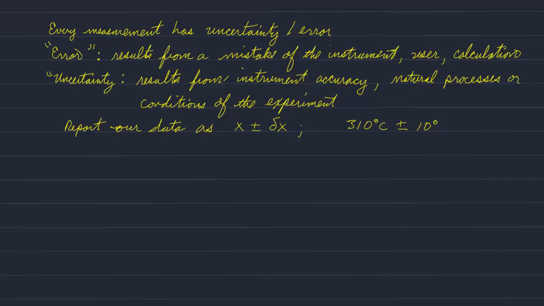Now, the uncertainty is very closely related to the accuracy of our measurements. That is, delta x represents the accuracy of x. Hence, the last significant figure we report our data to is of the same order as delta x.